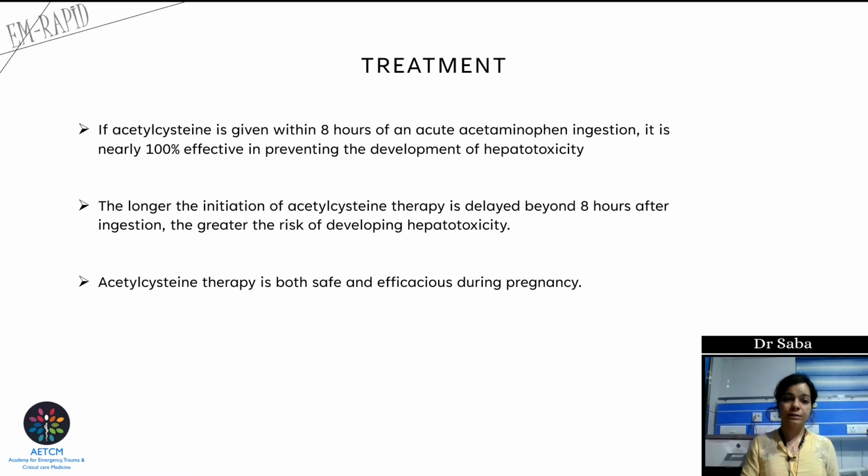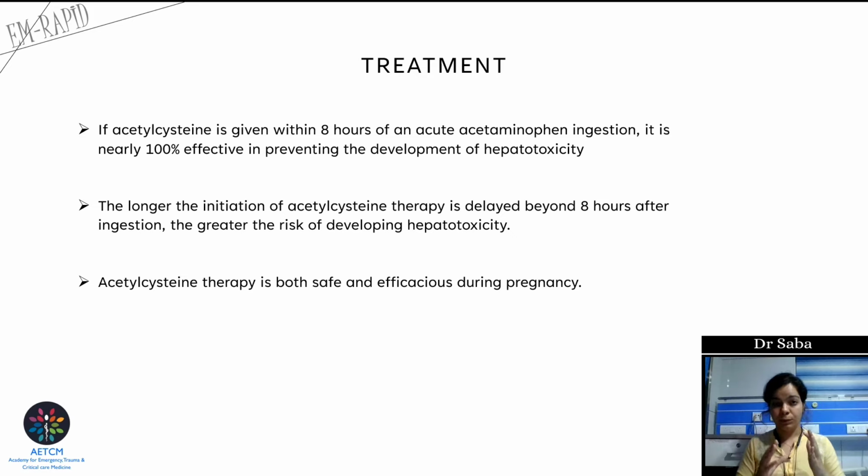Now, if acetylcysteine is given within 8 hours of an acute acetaminophen ingestion, it is nearly 100% effective in preventing hepatotoxicity. It is that effective. The longer you take to initiate this therapy, and if it has gone beyond 8 hours, you will have more risk of hepatotoxicity.